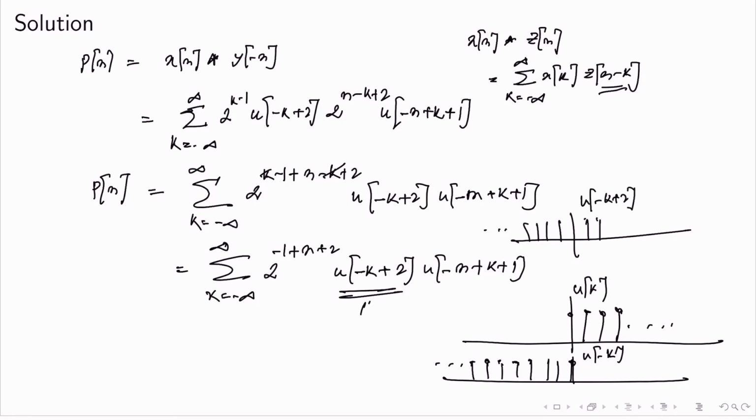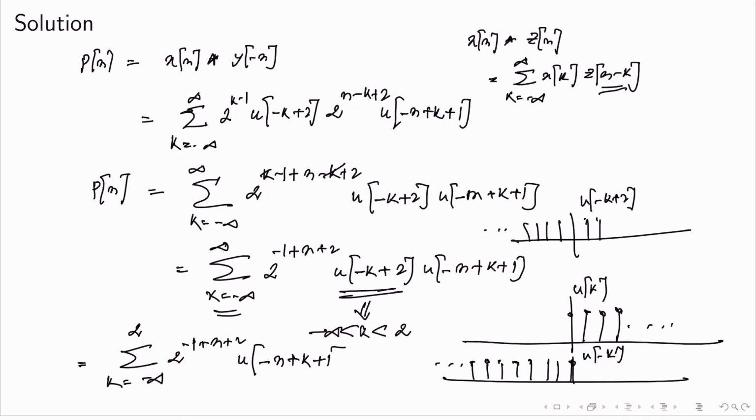So this signal will be equal to 1 from minus infinity to 2. Therefore we can change the limit for k, that is k from minus infinity to 2, and 2 to the power minus 1 plus n plus 2 remains, and u of minus k plus 2 will be equal to 1, and therefore we are left with u of minus n plus k plus 1.